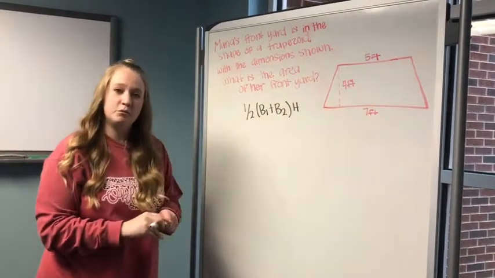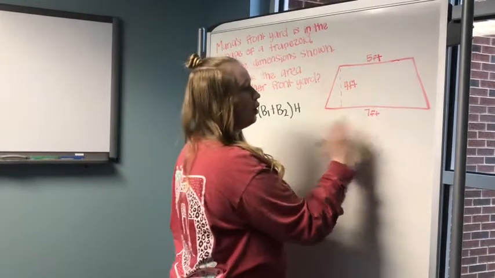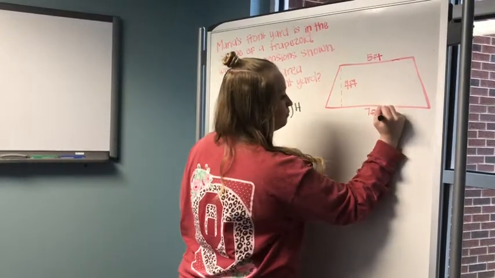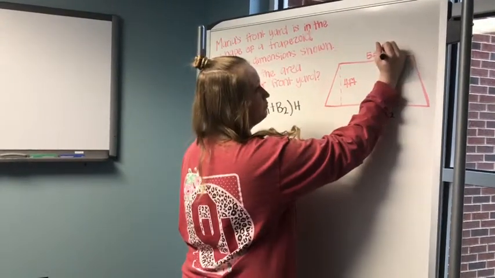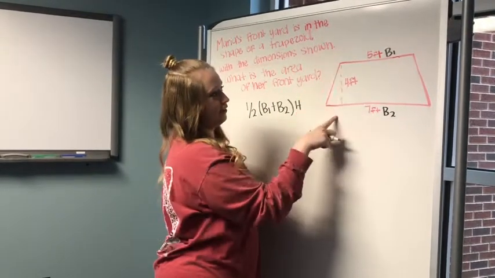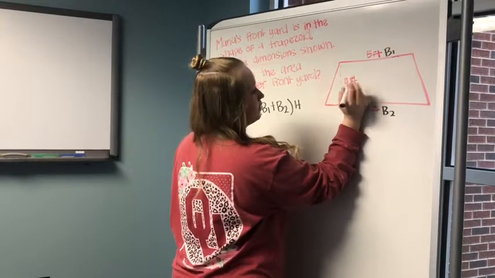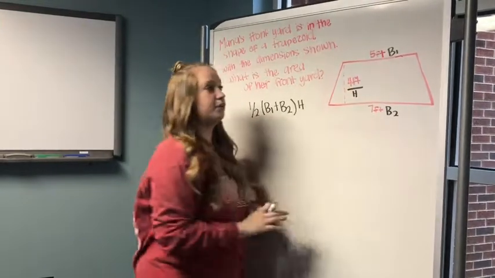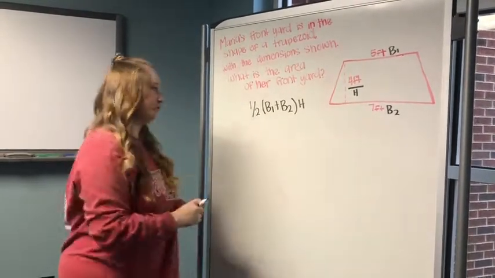Now I'm going to go ahead and label my trapezoid. I always like to call my bottom number base 2 and my top base 1. And then our height is 4 feet. It is shown with this dotted line right here. So there's our height. So now I'm going to plug in these numbers into our formula.